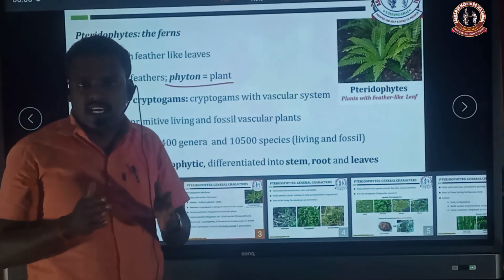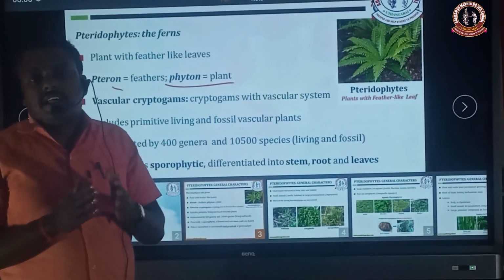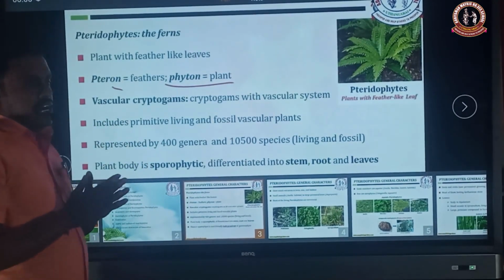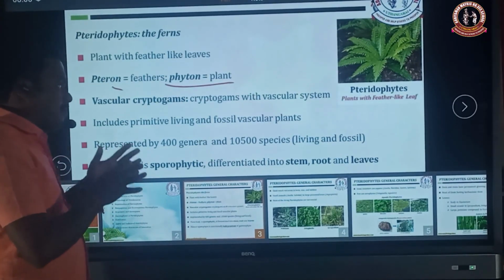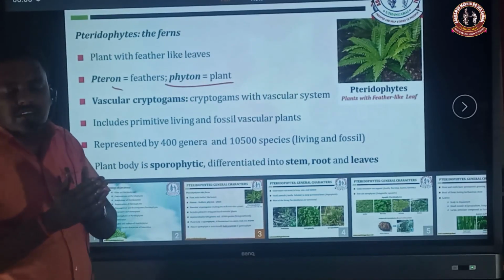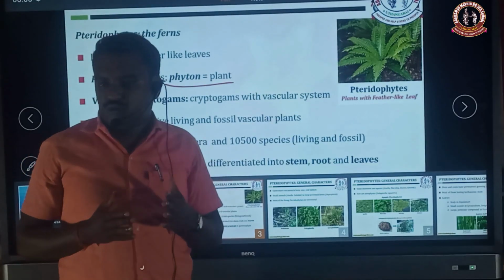Pteridophytes include primitive living, that means ancient, not non-living, and fossil vascular plants.